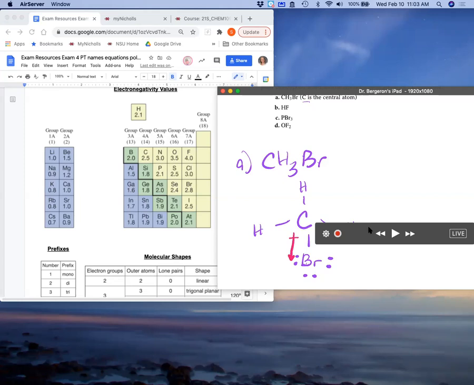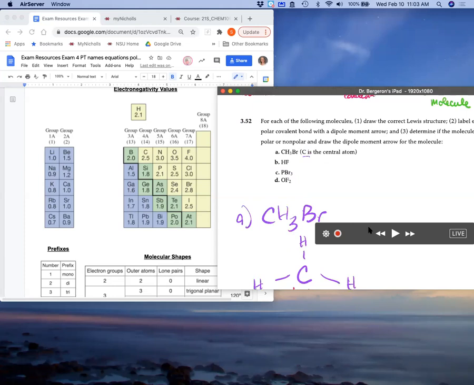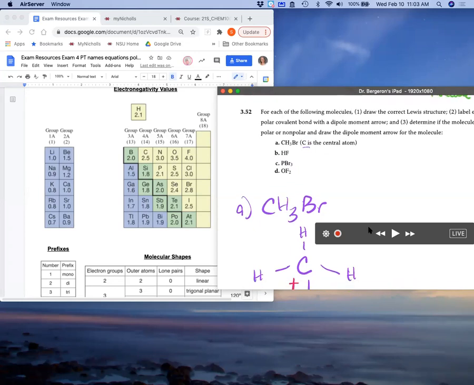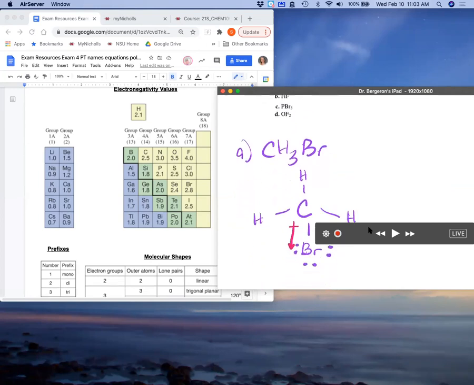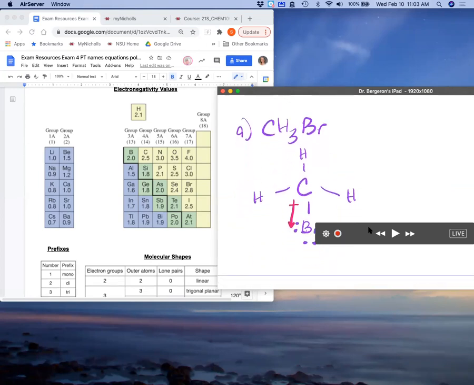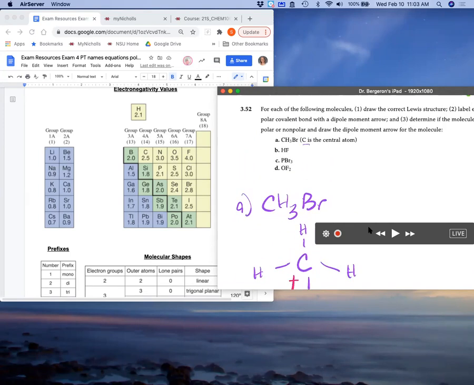So that's part 1, right, was draw the Lewis structure, then label the polar covalent bond with a dipole moment arrow. We just did that. And part 3, determine if the molecule is polar or nonpolar and draw the dipole moment arrow for the molecule. Okay, how do you determine if this is a polar or a nonpolar molecule? The question is, is it symmetric or not?